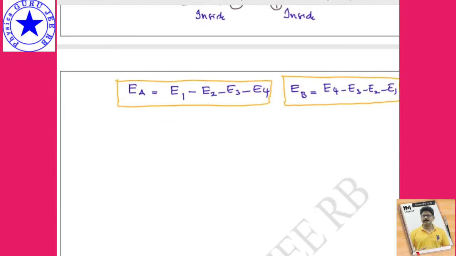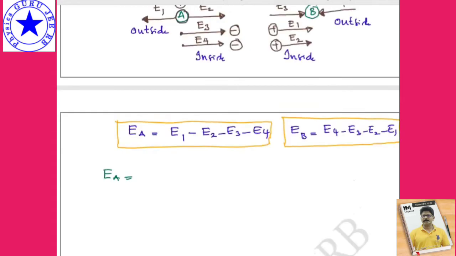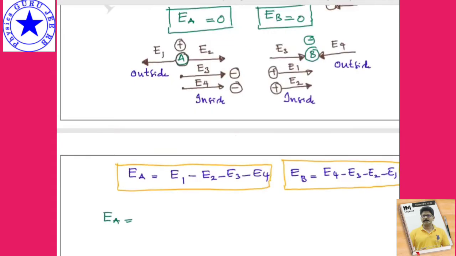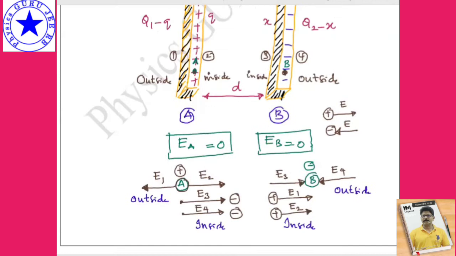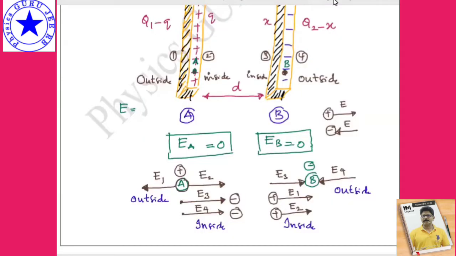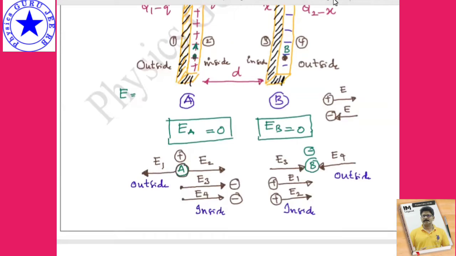Now EA, if I want to calculate, let me take EA equal to E1. The question is E1. So E1 normally on these plates is due to one surface's electric field intensity. Is it clear, all of you? Now, if I take the electric field intensity due to an infinite charged plate, it is sigma by 2 epsilon naught.